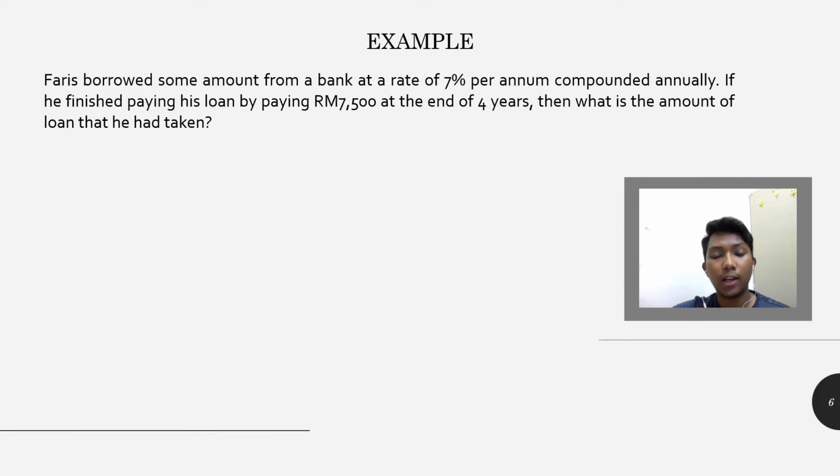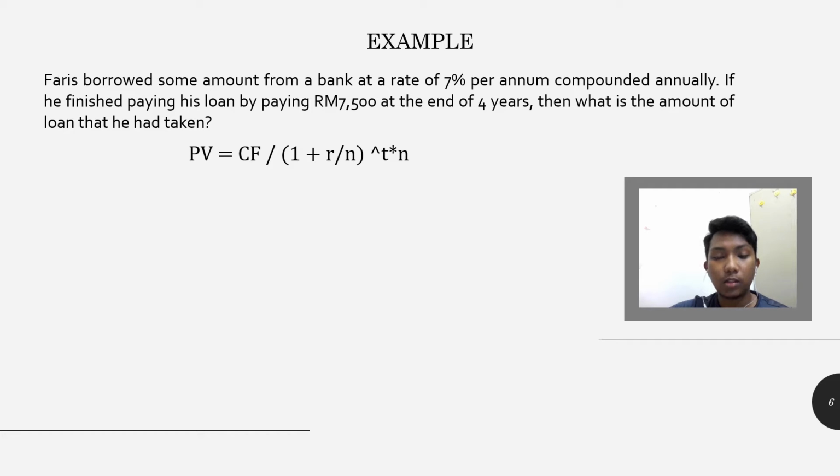Okay, for the next question, Faris borrowed some amount from a bank at a rate of 7% per annum compounded annually. If he finished paying his loan by paying 7,500 at the end of 4 years, then what is the amount of loan that he had taken? So for this question, we will use the compounded present value formula.